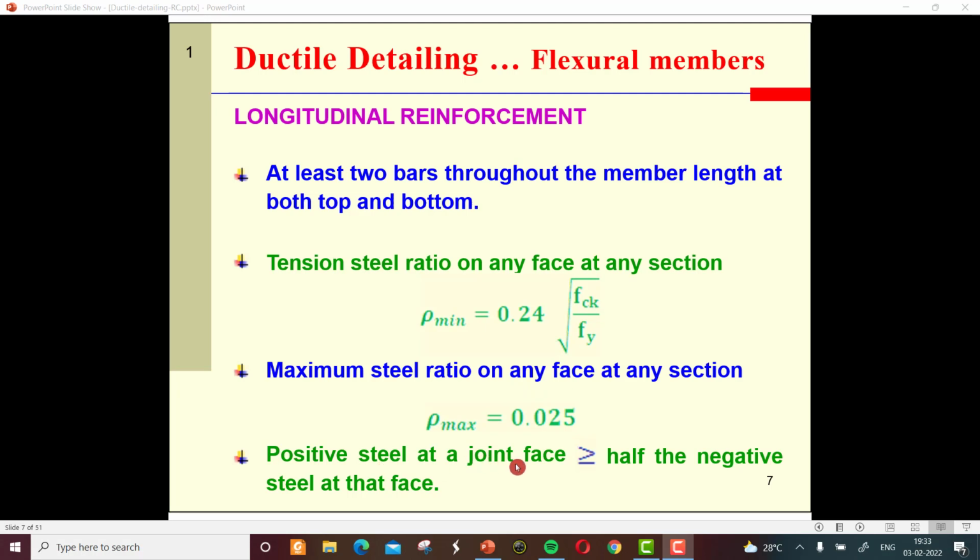The positive steel at any joint face should be more than half the negative steel at that face. So these are the provisions for the longitudinal reinforcement detailing based on IS 13920.